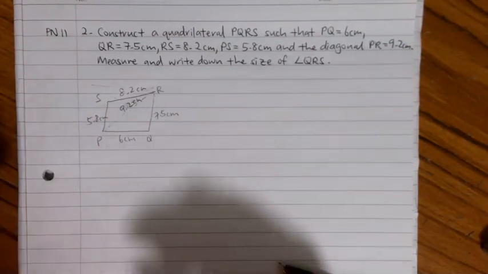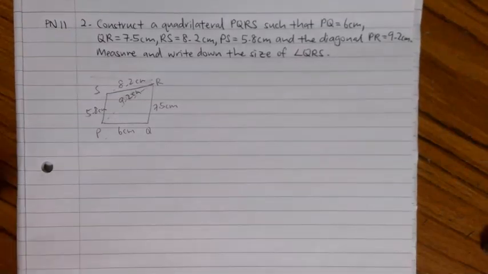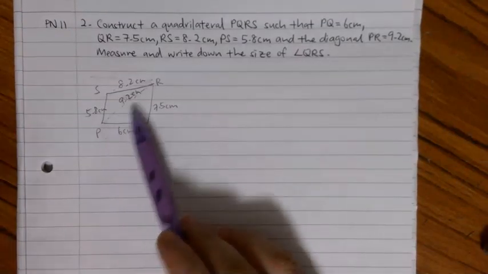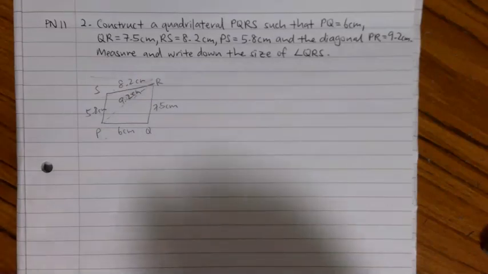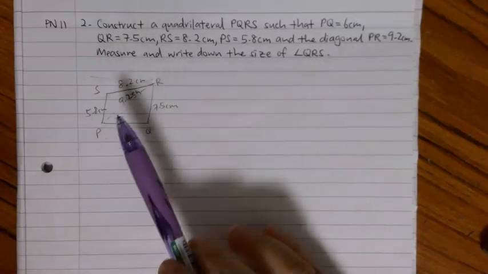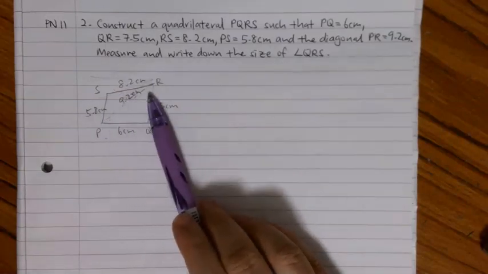That is also a possibility for this question. For me, if you have been following my videos, I prefer to draw the longest length first. So for this question, I am going to start from the diagonal PR, 9.2 cm.